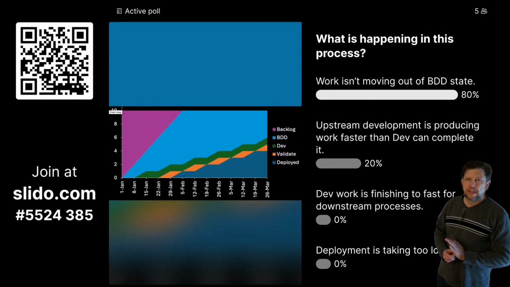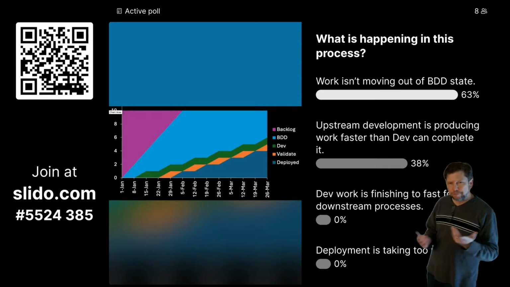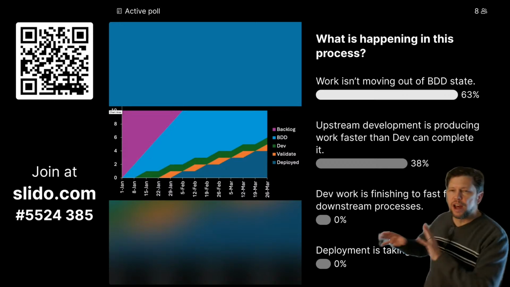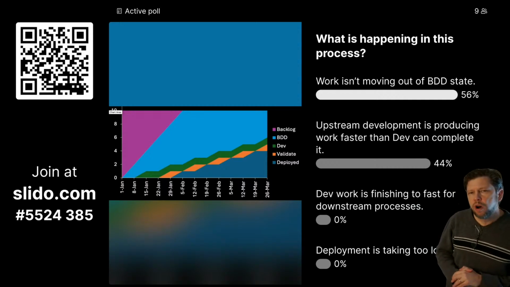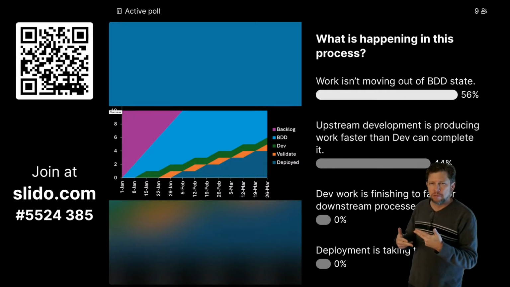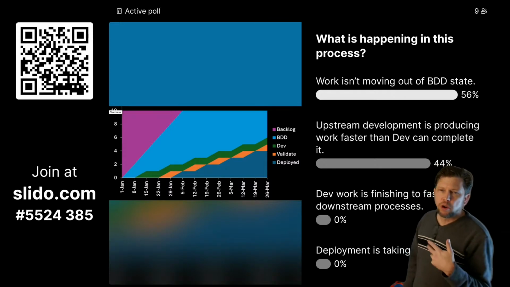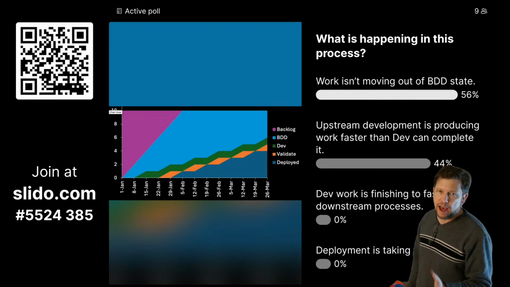Right. So we say upstream work is completing work faster than dev can complete it. That could be valid too. And I'm not trying to say there's a right answer here. Based on what we've said, I think both of those things people are voting for are true. So we've said work isn't moving out of the BDD state because we've cut our development time in half.